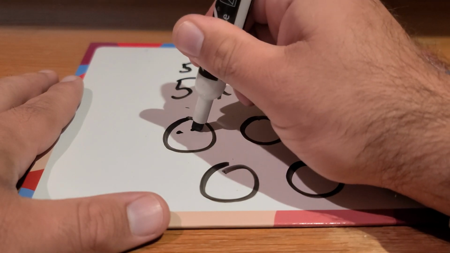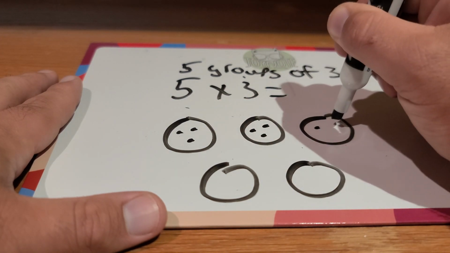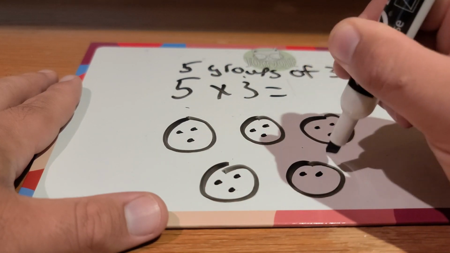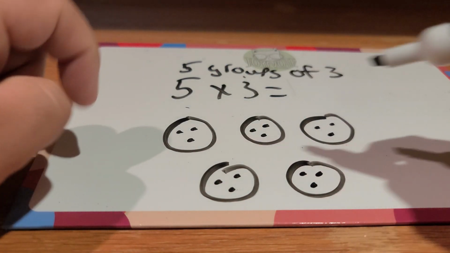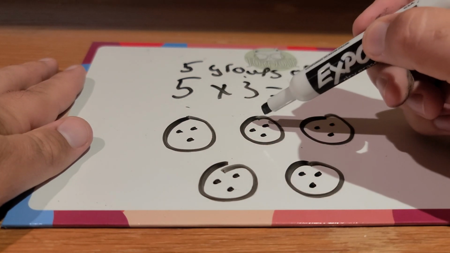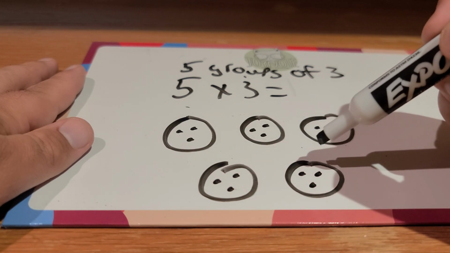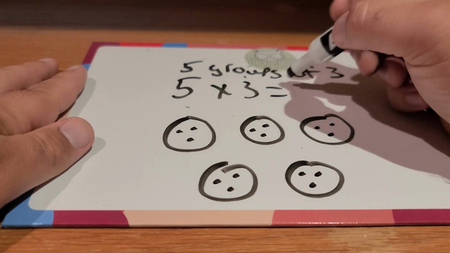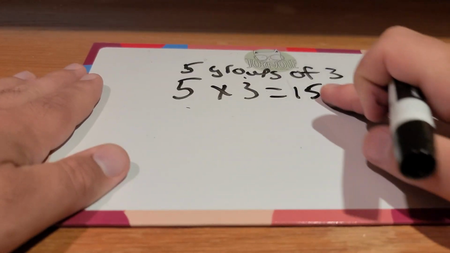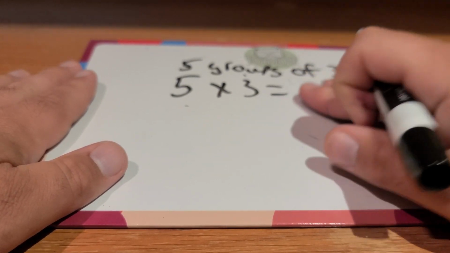So 1, 2, 3, and so on for each group. Then you count up all the dots that you have. 1, 2, 3, 4, 5, 6, 7, 8, 9, 10, 11, 12, 13, 14, and 15. So, those were 3 ways of doing multiplication.